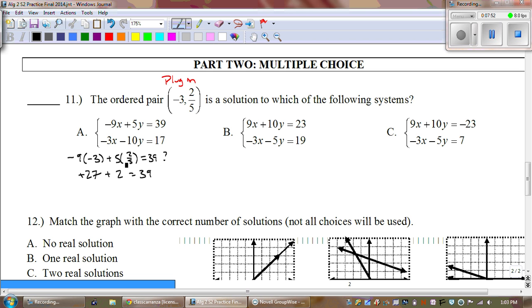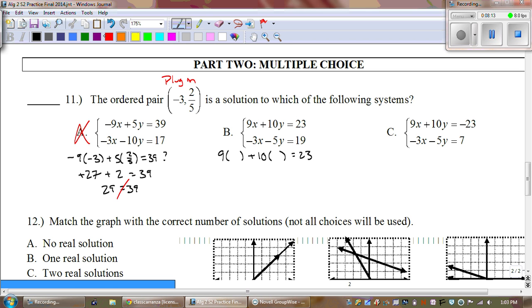And does that equal 39? Well, no, it equals 29. And since 29 doesn't equal 39, I know that A is not my answer. Okay, now, why don't you guys try the same thing with B?